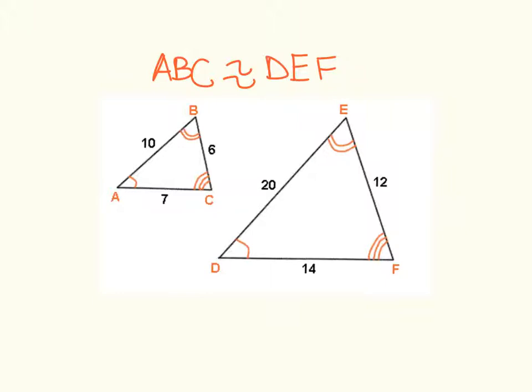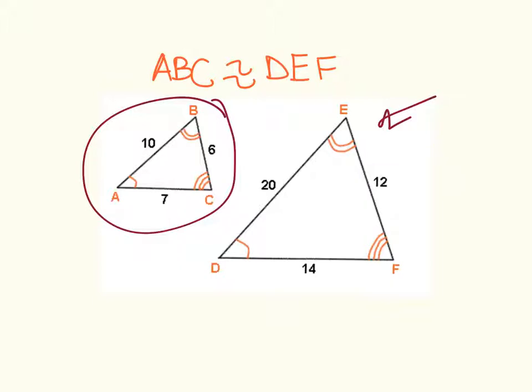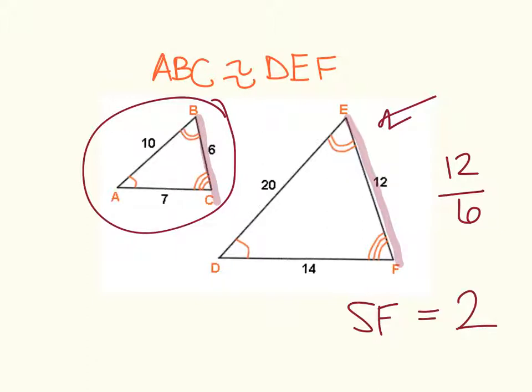Okay, so let's take a look at this question. This is my old, this is my new. Let's pick a corresponding side. I'm going to go with EF and BC, new over old. Well, my scale factor is 2.